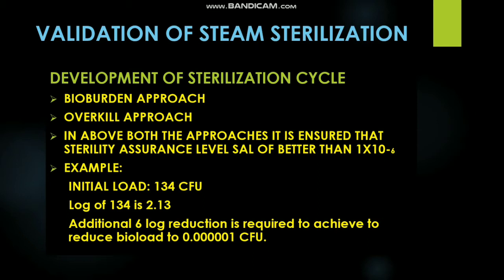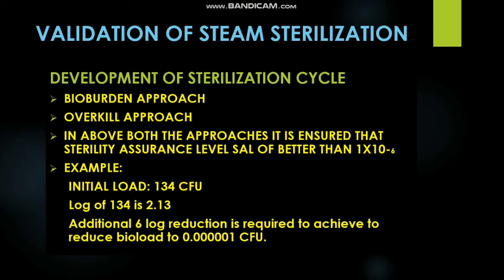The probability of reduction of microorganisms from the existing load to 0.000001 CFU needs to be achieved in our sterilization cycle. So that type of sterilization cycle we need to design.